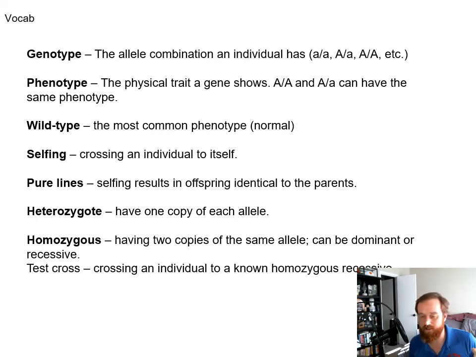I want you to be able to read a problem that says we take a pea plant that is homozygous green and self it. Well, you need to know what selfing is to be able to answer the question. So generally at the end of each lecture, I'll put online these vocab words that I want you to know specifically from that chapter.